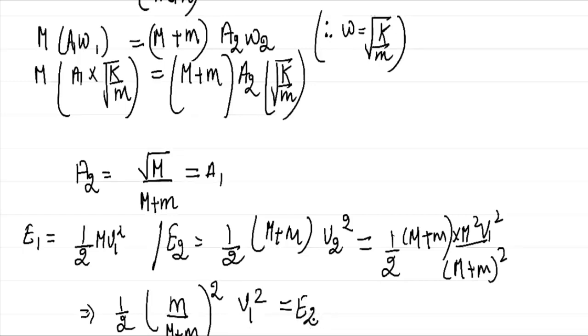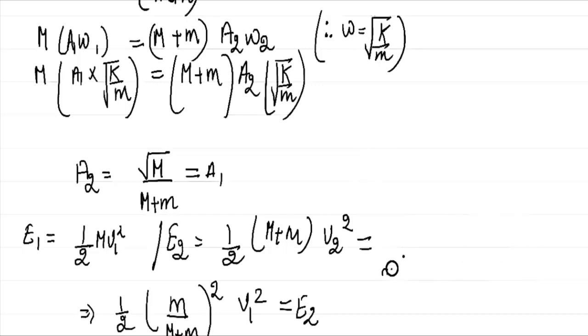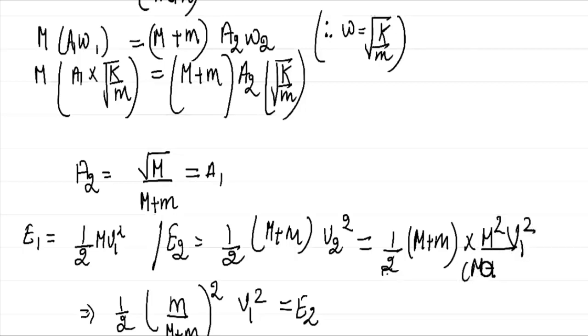So now look at this value, the E2 value. I will write it more clearly. It is half (M plus m) multiplied by M square v1 square upon (M plus m) square.